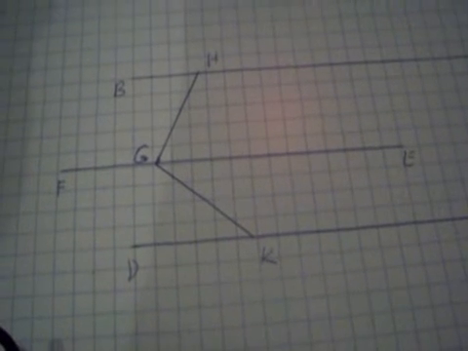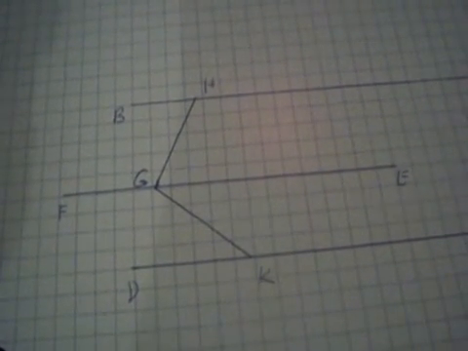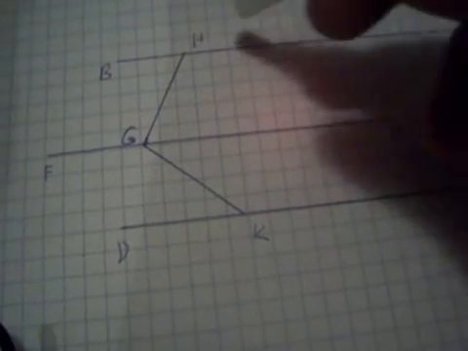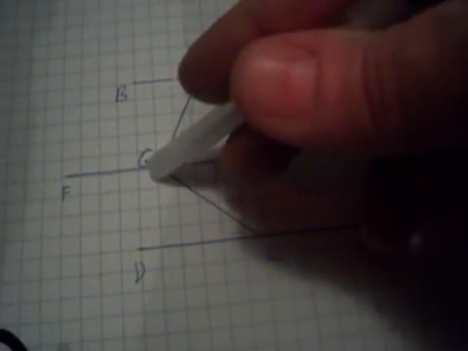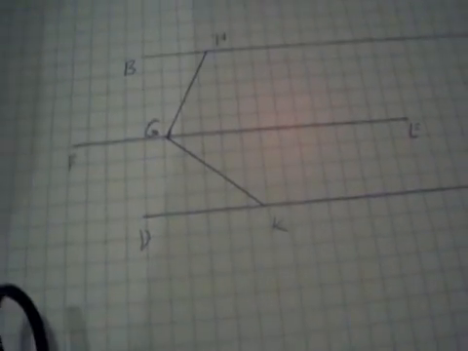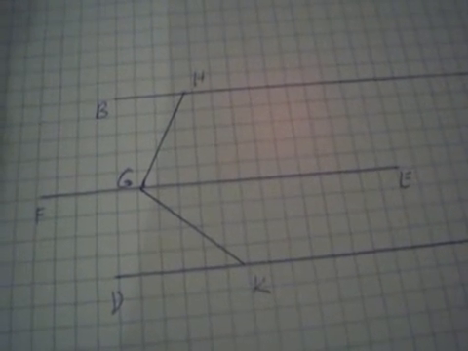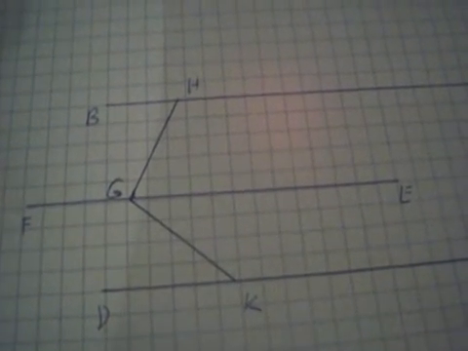It doesn't look that way, but if you're looking at it from a three-dimensional point of view, remember this line extends from one plane to the other. Even though it doesn't look like 90 degrees, if you were looking at it three-dimensionally, you would see it would be 90 degrees. Alright, follow along so far?